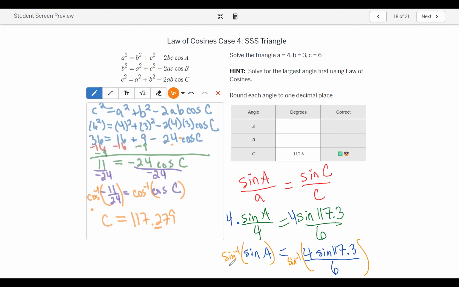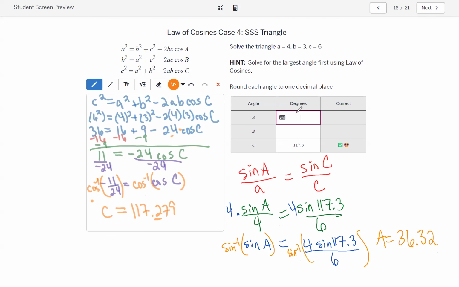So we apply inverse sine to both sides. And now that's what I'll type in. So inverse sine of 4 times the sine of 117.3, close the little parenthesis, divided by 6, close the big parenthesis. So I end up with A is 36.32. So we'll type in 36.3.